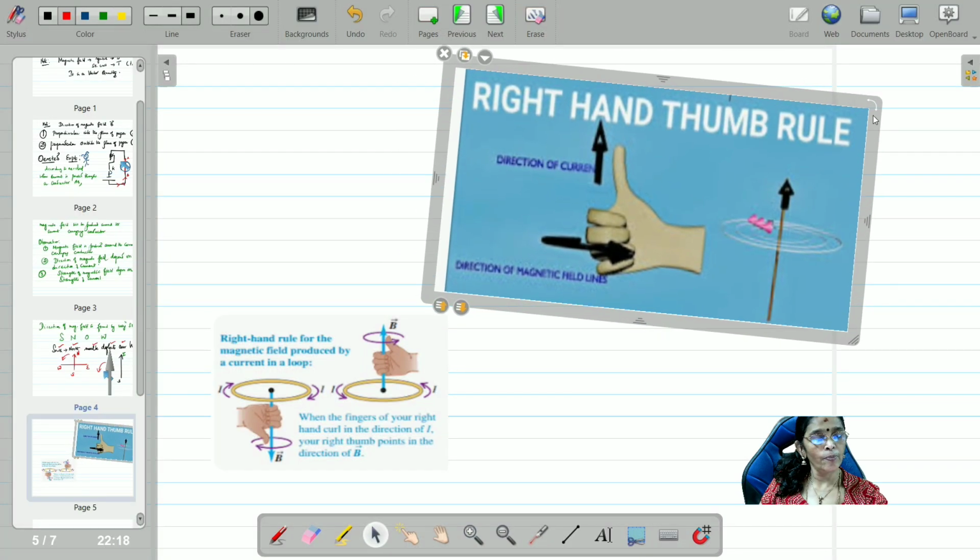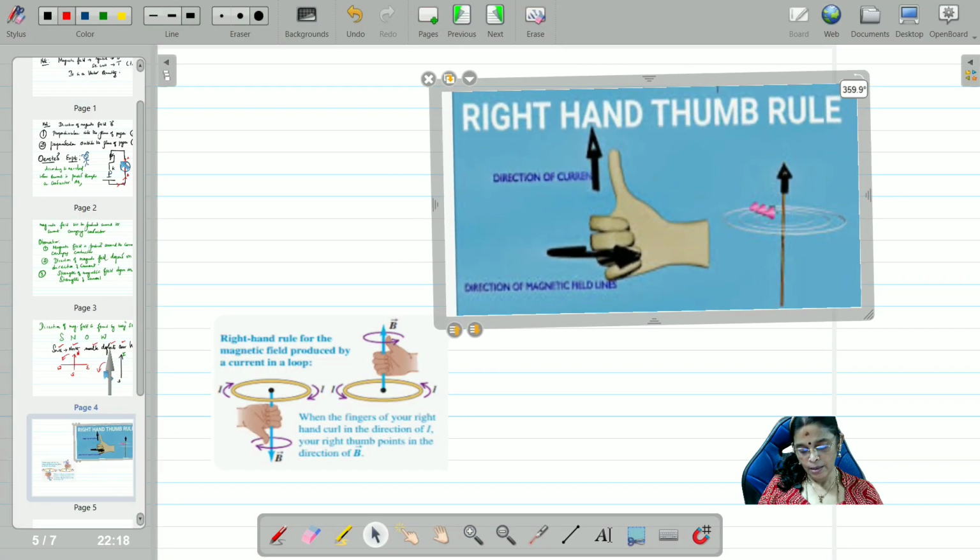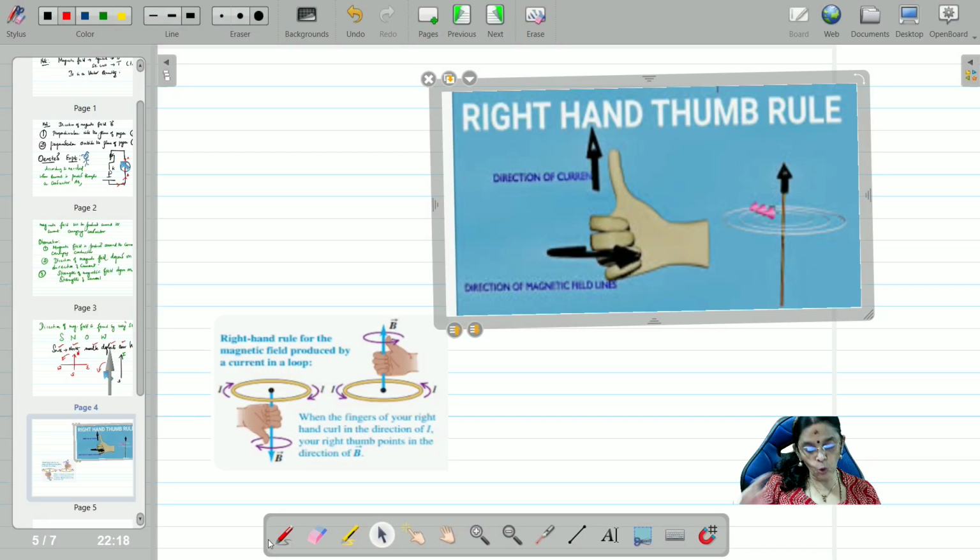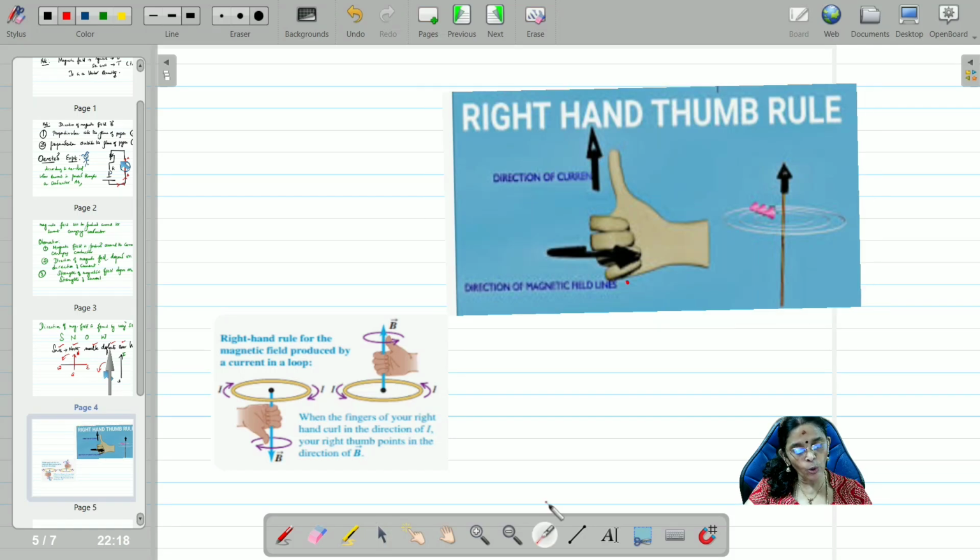Right hand thumb rule. Yes? What could you understand from that? The thumb shows the direction of the current. Can you see here the thumb? Yes, the thumb is showing the direction of the current. What hand? Right hand. And the fingers encircling will give you the direction of the magnetic field. Can you see here? Fingers encircling.